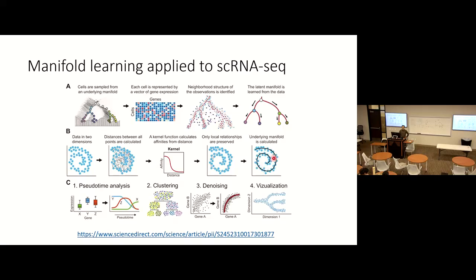to define a distance more realistically. If you don't consider the shape, you can jump, for example, from this cell to this cell very close to each other.